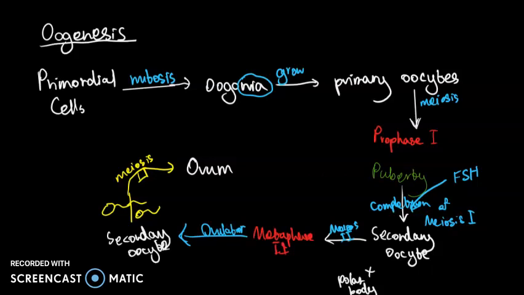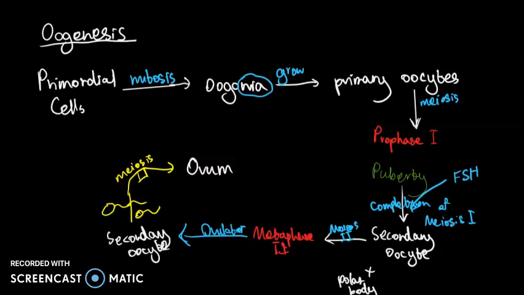And what happens to the secondary oocyte in the oviduct is, if there's sperm there, it'll usually meet in the fallopian tube or the oviduct. So sperm and egg generally meet in the fallopian tubes, and they can fuse together, but the nuclei won't fuse yet. With the fertilization by the sperm, meiosis 2 is completed.